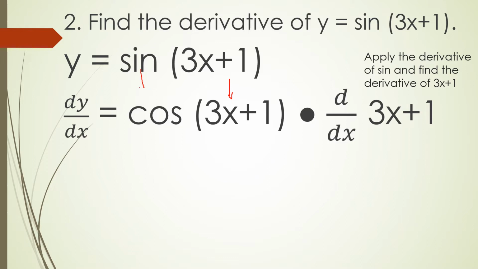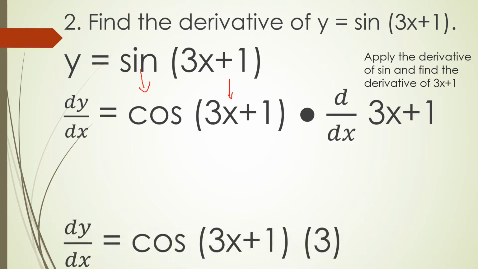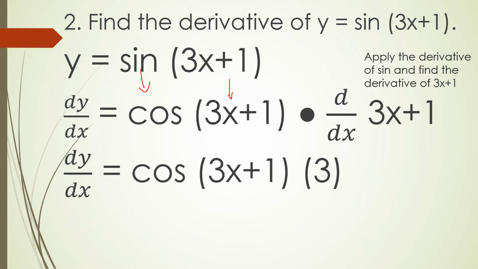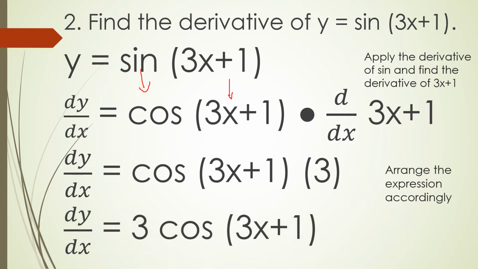Then afterwards, you have to get the derivative of 3x plus 1, and that is 3. So arrange the expression accordingly. The answer is dy over dx is equal to 3 cosine 3x plus 1.